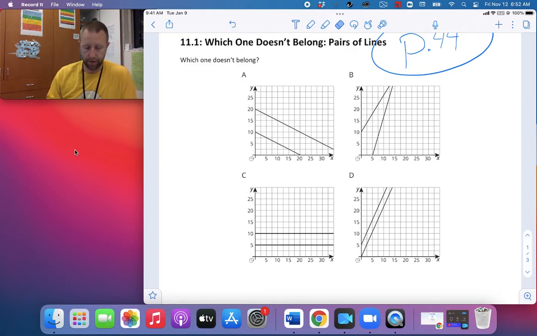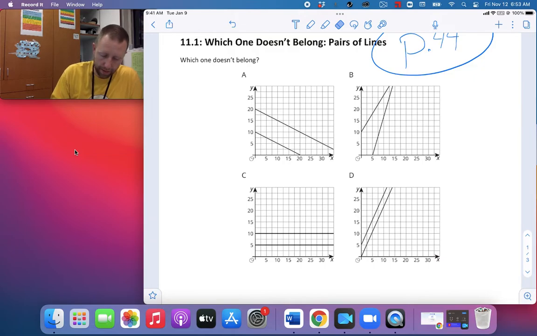All right, so hopefully you paused the video and you have a reason for each one. What I noticed about each one, and these may be different from the reasons that you came up with, but what I came up with for A, I'll start with A, we have two parallel lines with a negative slope, and it's the only one that has a negative slope.